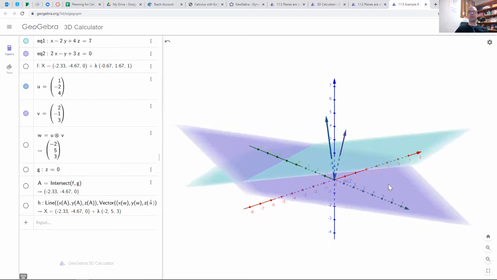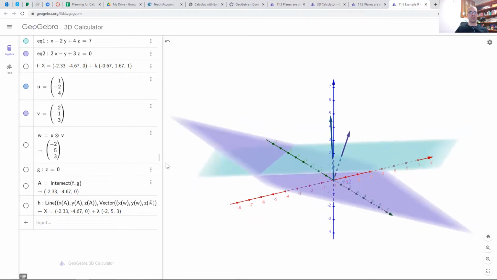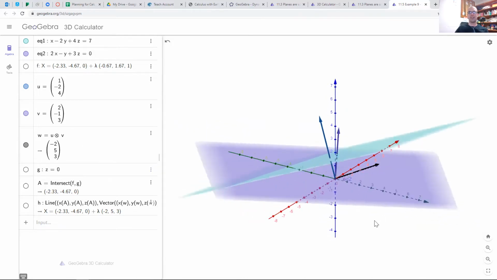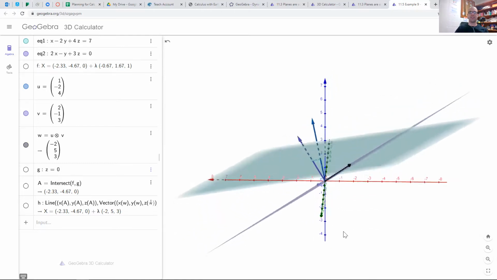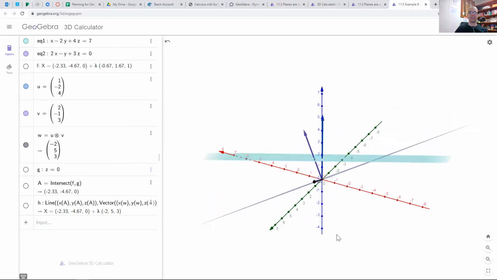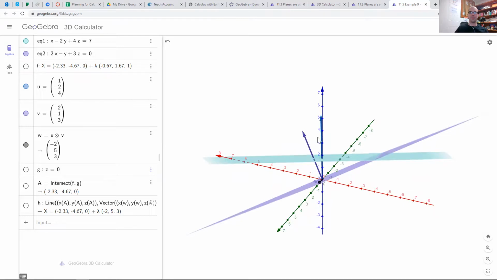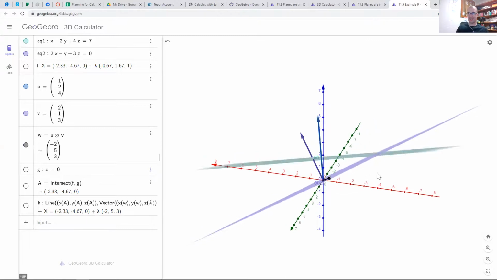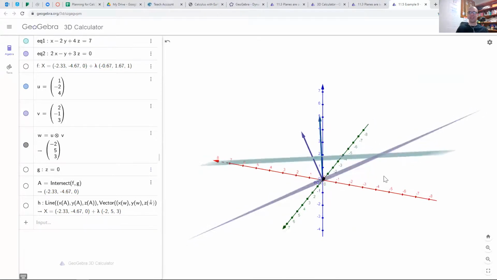And then we take the cross product of those two normal vectors to get us the direction of the line. Since those are both orthogonal to the planes, the thing that's orthogonal to the orthogonal things is actually parallel to both planes and is going to go down the line of their intersection.